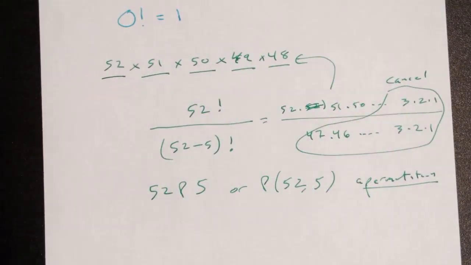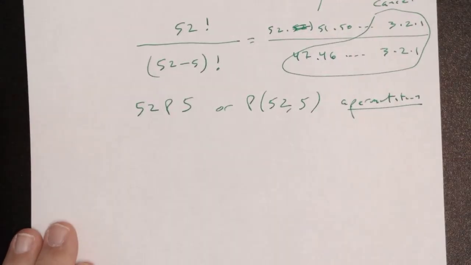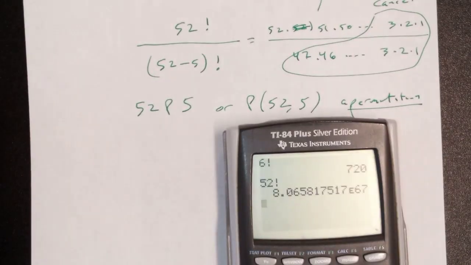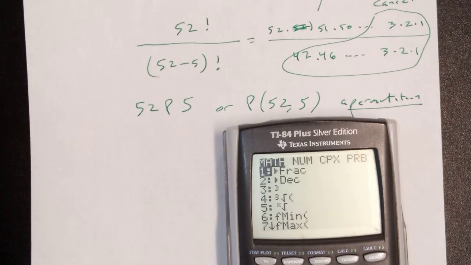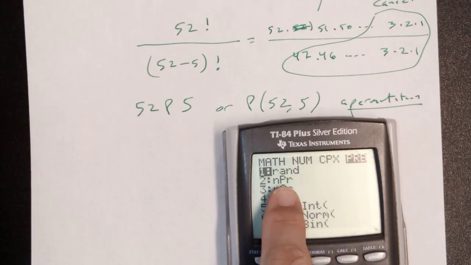By the way, remember where that factorial button was? Let's go back to where that factorial button was. Math, PRB. Hey, wait a minute, what's above the factorial? There's my permutation symbol.